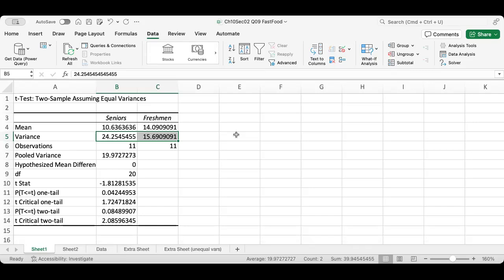If I didn't know that seniors' dining habits and freshmen dining habits were substantially different in advance, I wouldn't be able to make that assumption automatically. I still get the same results. Again, it's still close. 0.05 versus 0.042. It's only just barely outside of our region of confidence.